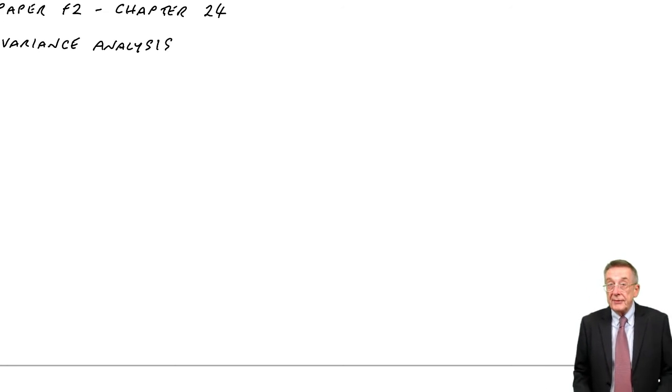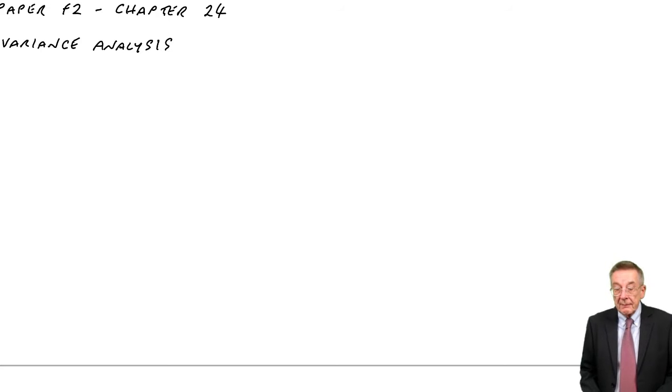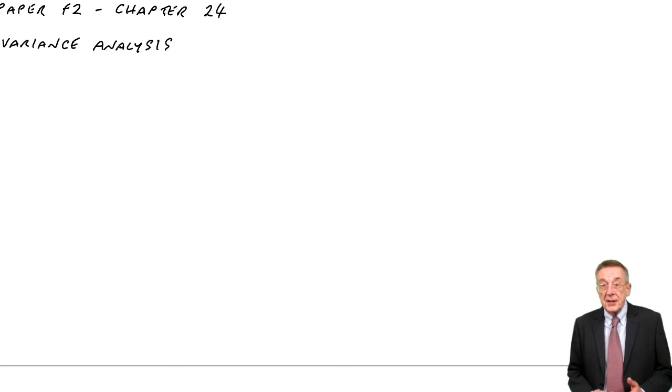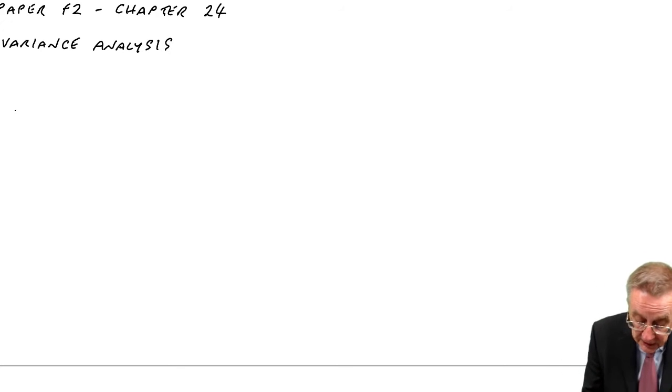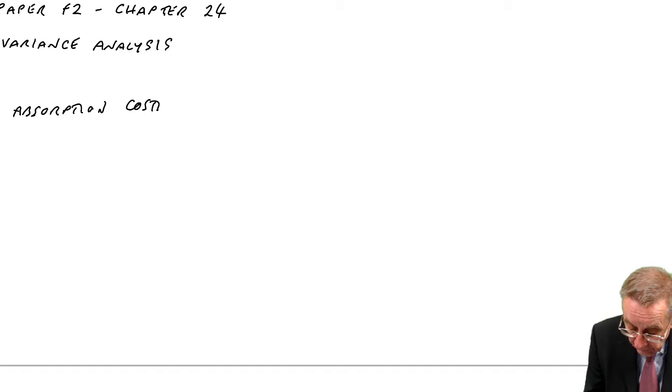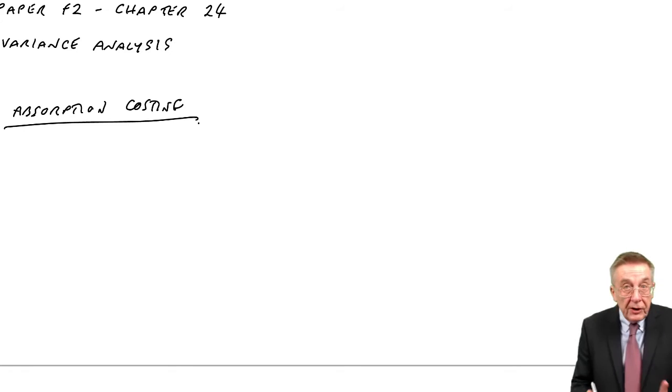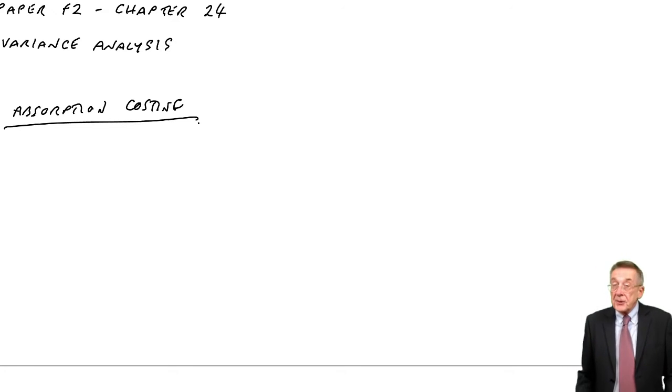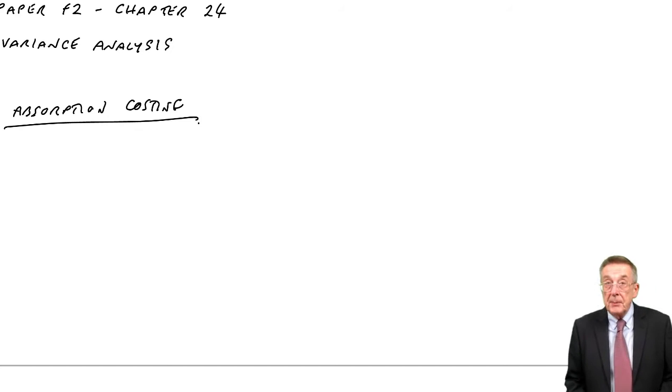They've absorbed $15 a unit. So it is absorption costing, which is going to be very important as we go through. It could have been marginal costing. I'll explain later what differences there'd be to what we're doing if it's marginal, but it is absorption costing.